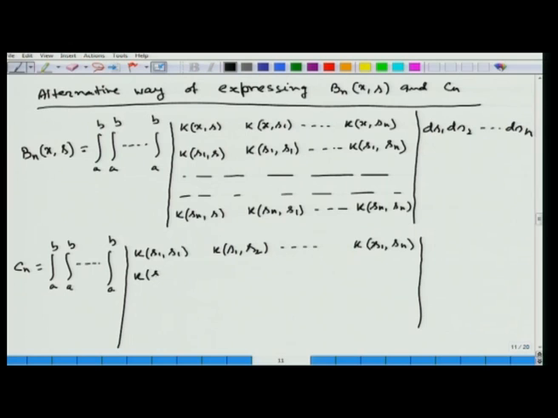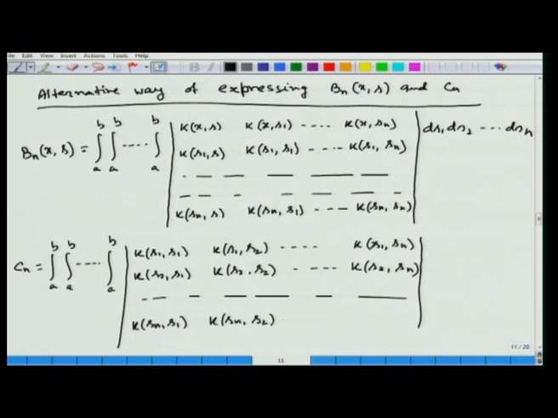Second row K(s2, s1), K(s2, s2), dot dot, K(s2, sn). Proceeding in this way, the last row will be K(sn, s1), K(sn, s2), last term K(sn, sn), then ds1 ds2 up to dsn.